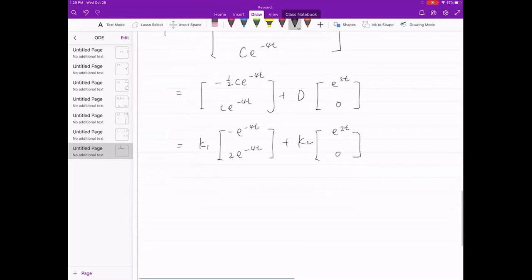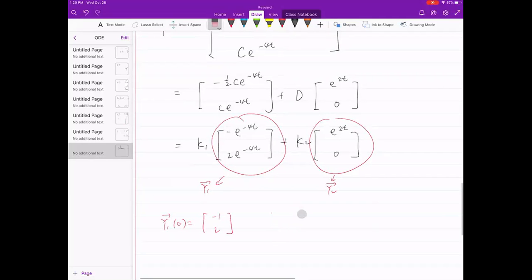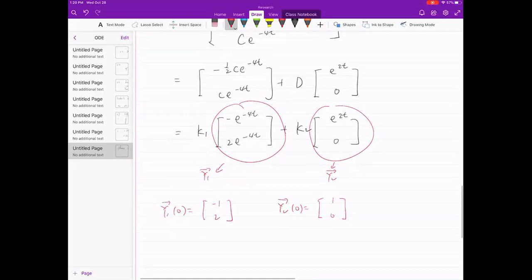When you plug in 0 for y1 and y2, are they linearly independent as vectors? Well, you know it's linearly independent. You can draw these two vectors. They're not on the same line. Therefore, this will be the general solution.